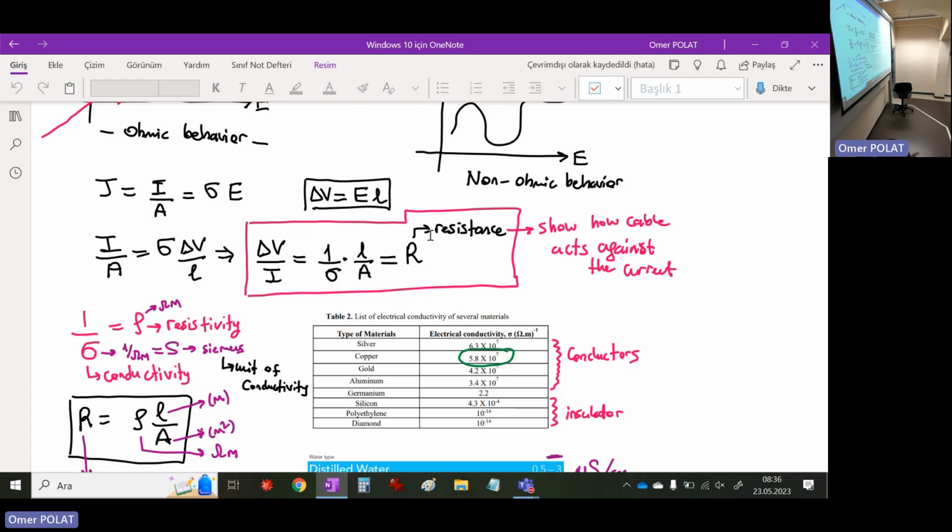So rho is resistivity, the inverse of conductivity. Conductivity shows that materials like silver, copper, gold are conductors and have high conductivity, but materials like silicon, diamond, plastic, PVC, and for example pure water are good insulators, and their resistivity is high and conductivity is low.